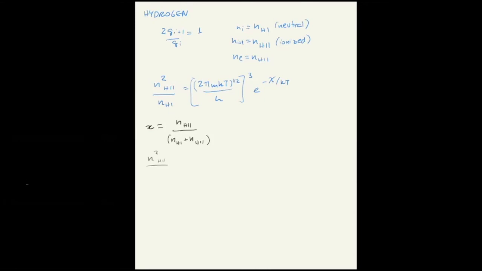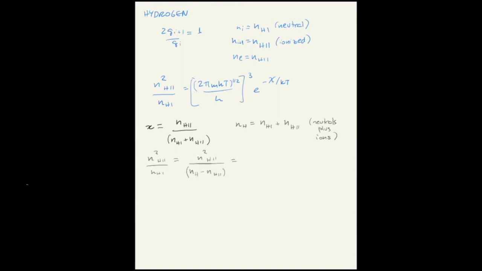If you define N_H as the total number of hydrogens, which is the number of neutrals and ions, then you can write the number of neutrals as the total number of hydrogen minus the number of ions.